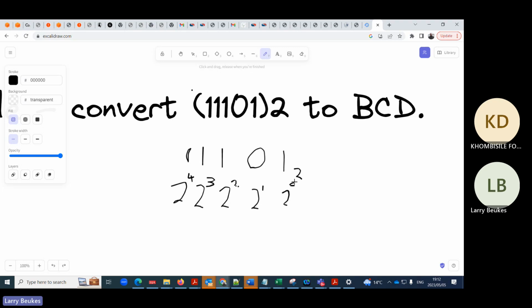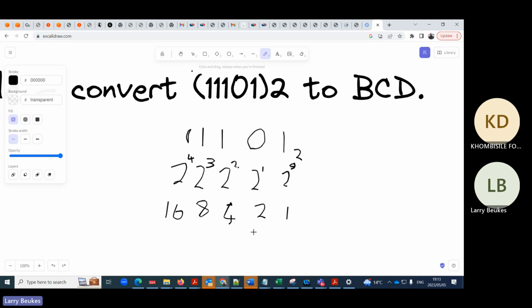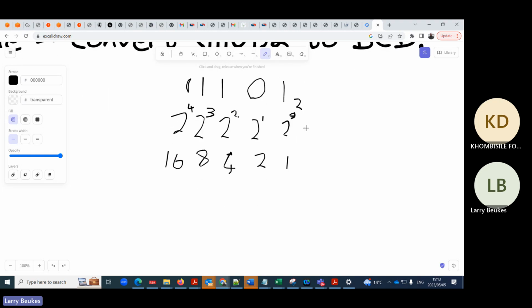We know 2 to the power 0 is a 1. Then 2 to the power 1 is a 2. 2 to the power 2 is a 4. So it's basically everything just doubling up. And then 2 to the power 3 is an 8. 2 to the power 4 is a 16. So it's 1, 2, 4, 8, 16.